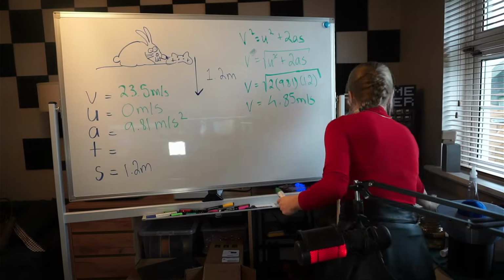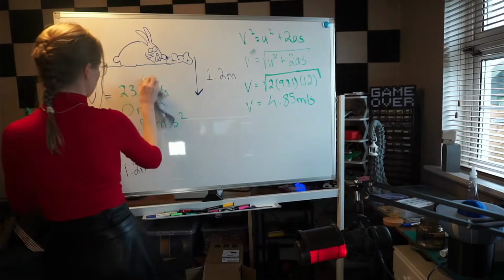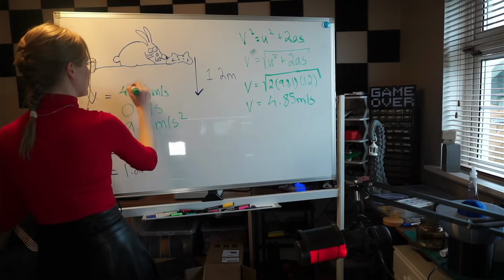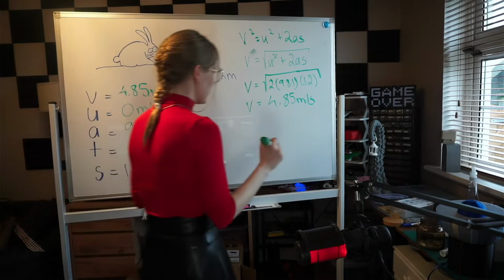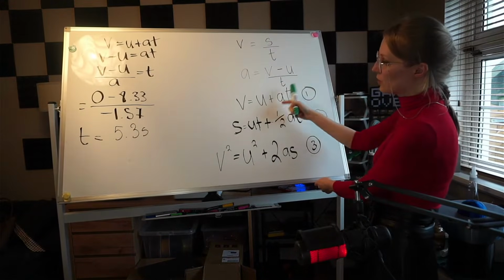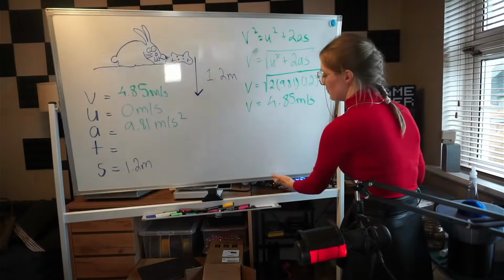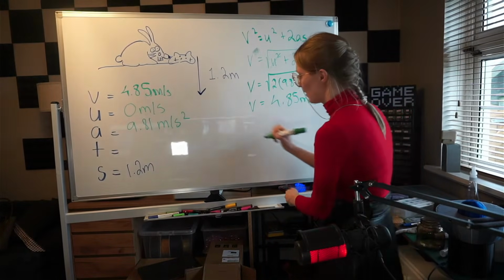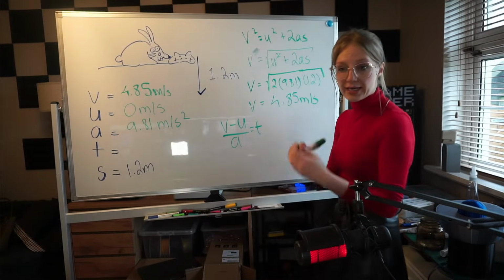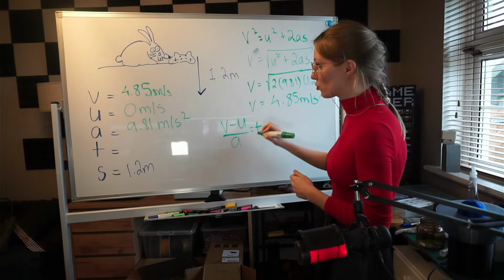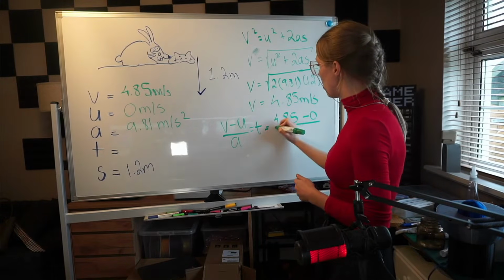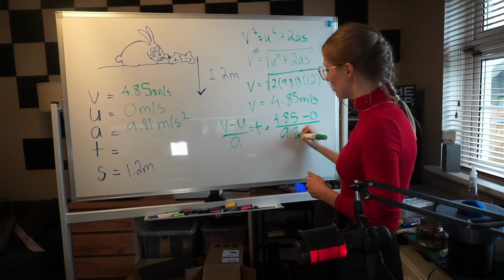Sorry, let me change that. 4.85 meters per second. The last one is t. We're looking for t, and it's going to be so nice and handy to use the first equation. v is equal to u plus at. That's v minus u over a is equal to t. Hopefully we're getting practice with these substitutions, so you trust me why I'm putting these in. 4.85 minus 0 all over the acceleration, which is 9.81.